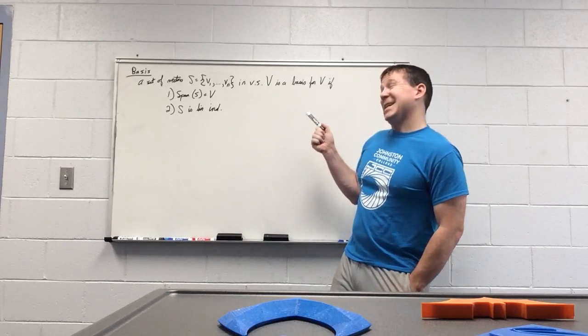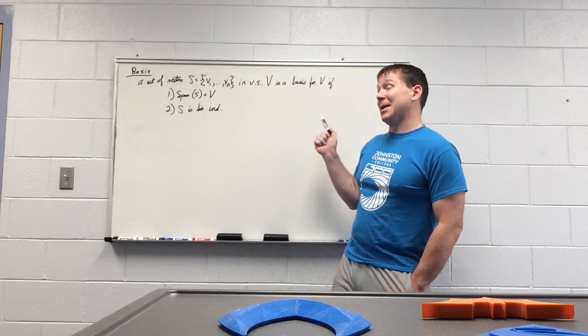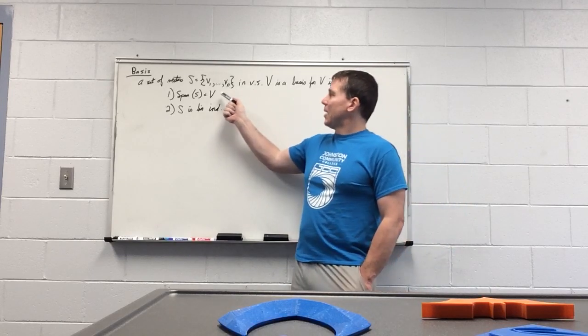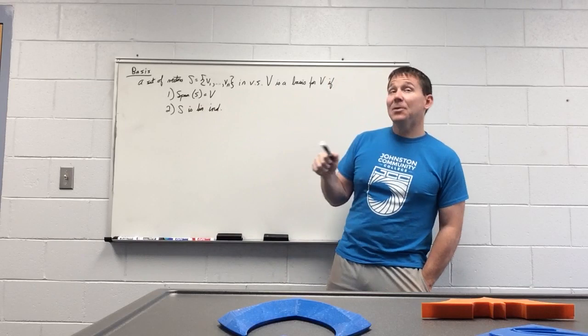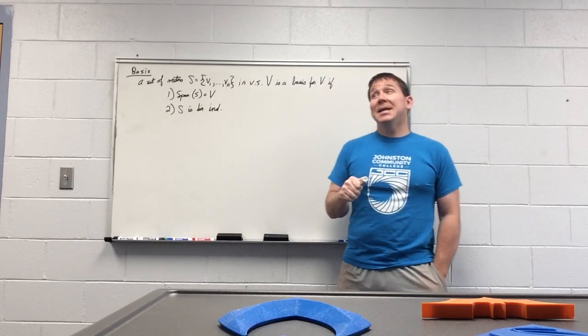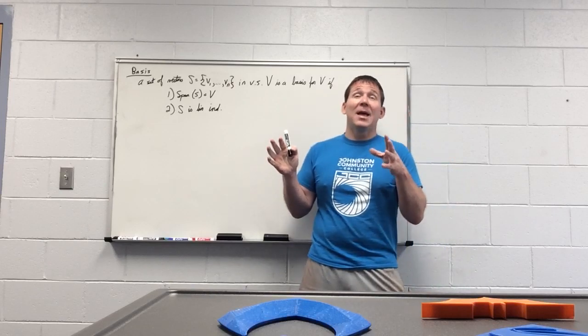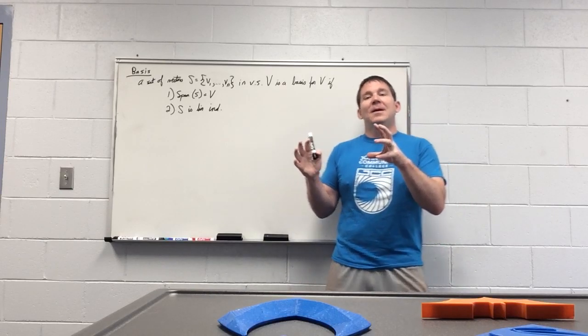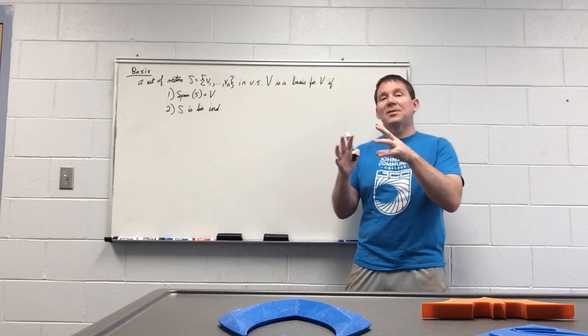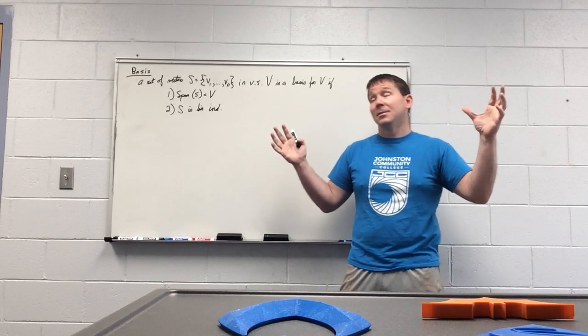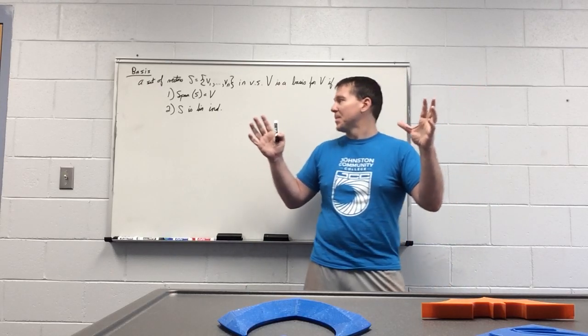So I need to create a set of vectors within a vector space where the span of that set is equal to V, which means whatever set I come up with has to be big enough that linear combinations of those vectors can generate the entire vector space.